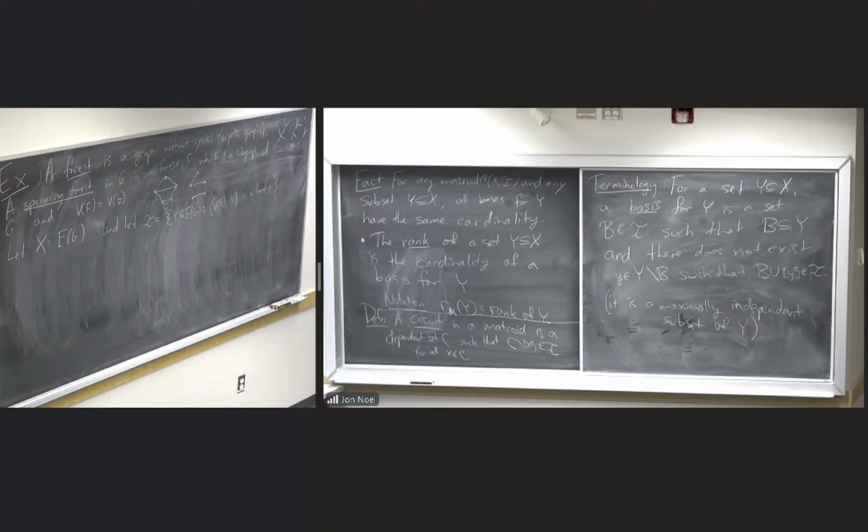Okay. So in other words, the independent sets in this matroid correspond to the sets of edges that make forests in G.